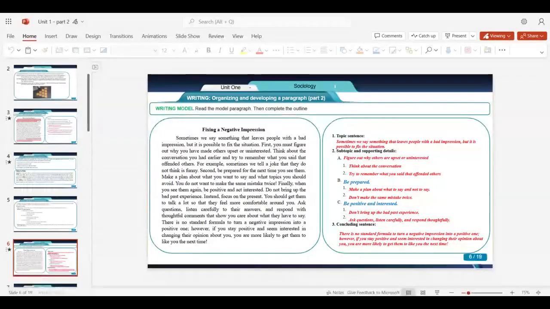For example, sometimes we tell them that they do nothing is funny. Second, this is the second supporting sentence for the main idea or topic sentence.